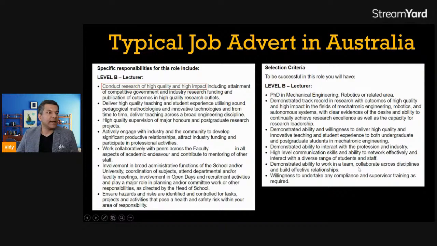Demonstrate ability to work in a team, collaborate across disciplines. Multidisciplinary research is considered very important these days. So if you are a year one student listening to this video, think about how your research can be applied, or how your research topic could be multidisciplinary, because that will help you quite a lot.